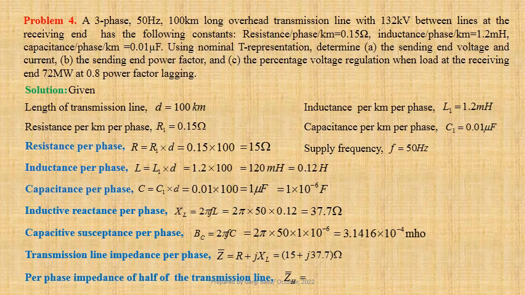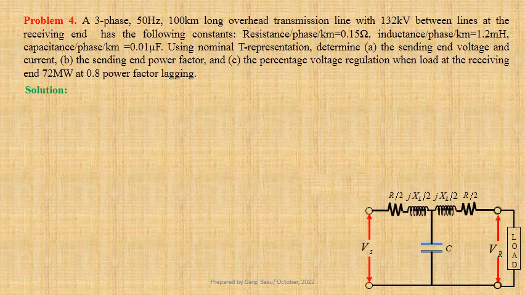ZH equals half of Z, that is 7.5 plus j times 18.85 ohm. This may be written in polar form as 20.287 ohm at an angle 68.3 degree.